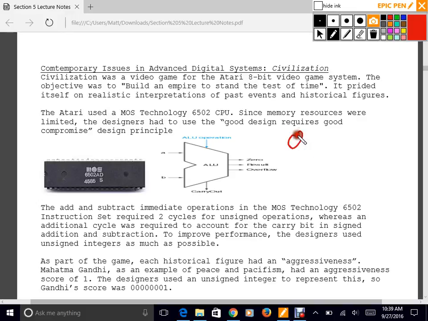So you start out as 0, 0, 0, 0, 0, 0, 0, 1, right? You subtract 2, and what do you get? You get this huge number. I'm sorry, 1, 1, 1, 1, 1, 1, 1, 0, which in an unsigned integer is 254, right? Which means Gandhi is now the most aggressive person in the game, which leads to things like this.